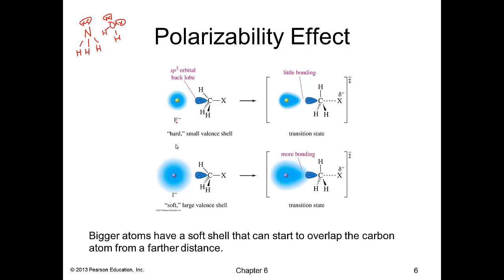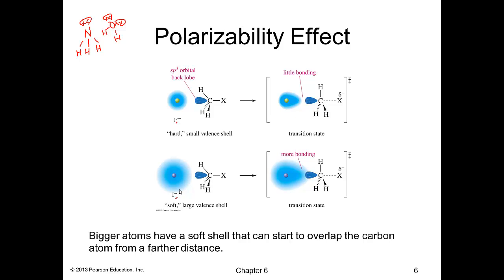F minus versus I minus. F is a very electronegative atom, so therefore the electron cloud for F minus is going to be very small.